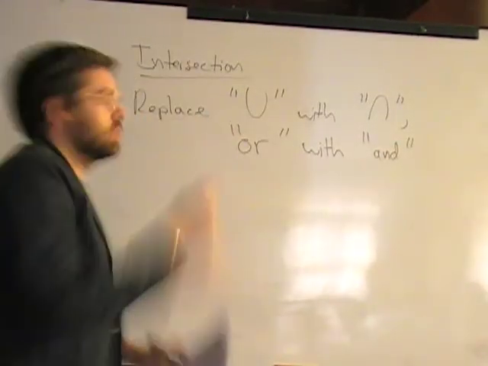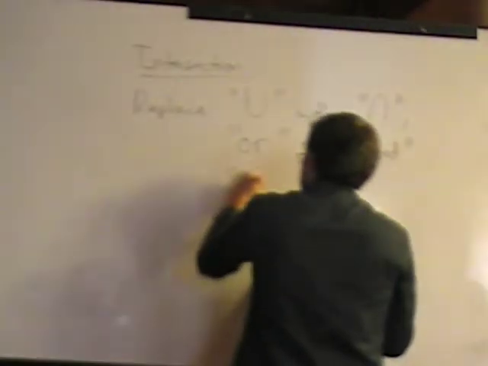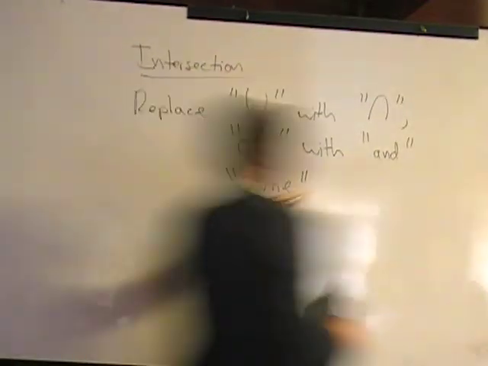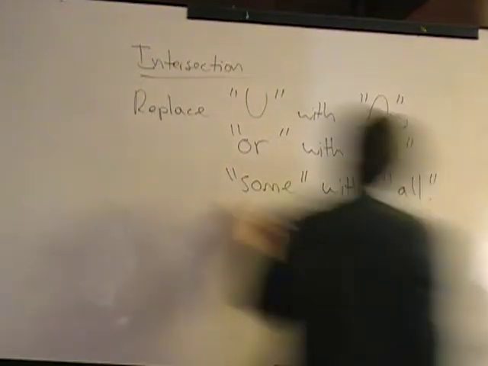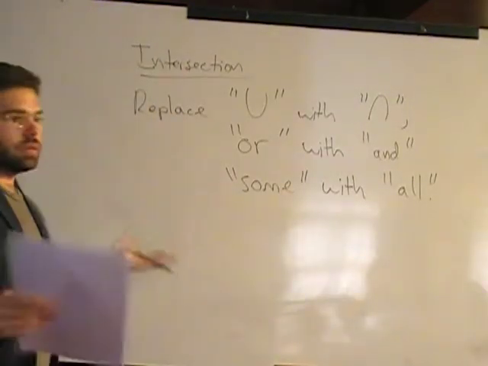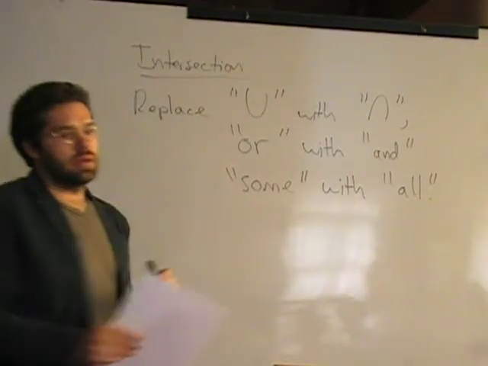So the intersection of two sets is the set of all things that belong to both sets, to this and that. And then, at some point in those definitions, you have to replace the word some with the word all. So if I take the intersection of an arbitrary family of sets, it's the set of all things such that X is in that set for all sets in the collection of sets.